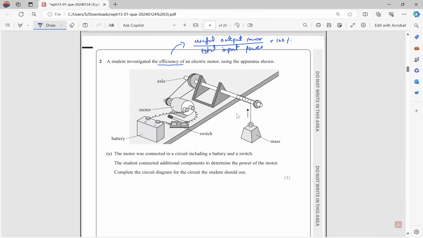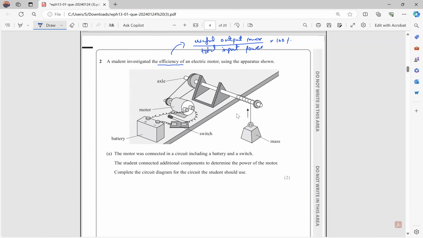This is the formula of efficiency. You can write it in terms of power or energy. It tells you how efficient your device is, comparing the output it gives you, the useful output, to the input you've provided, because some energy is always wasted.